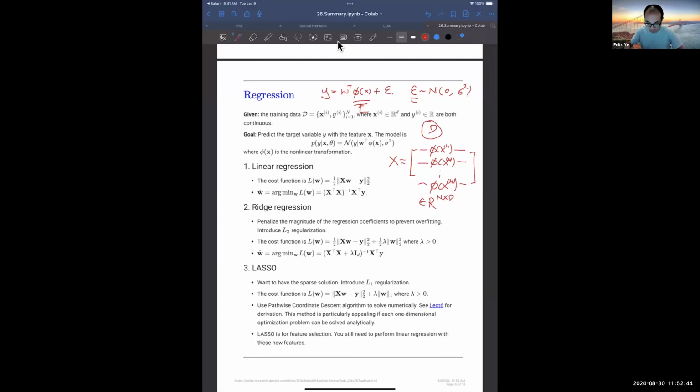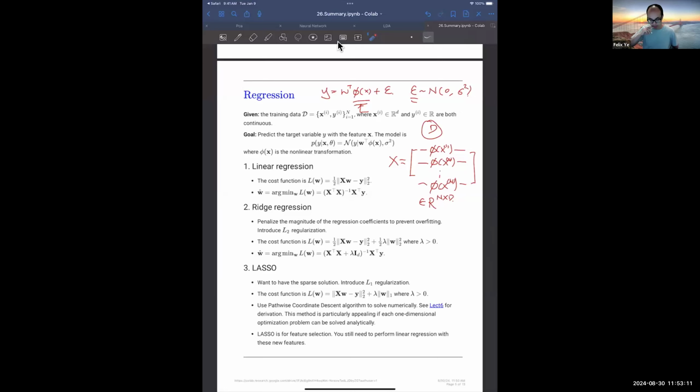So the key here, if we are working with linear regression, the cost function is basically the residual sum of squares. This w hat is actually the minimizer of this cost function, and in this case it can be solved analytically.